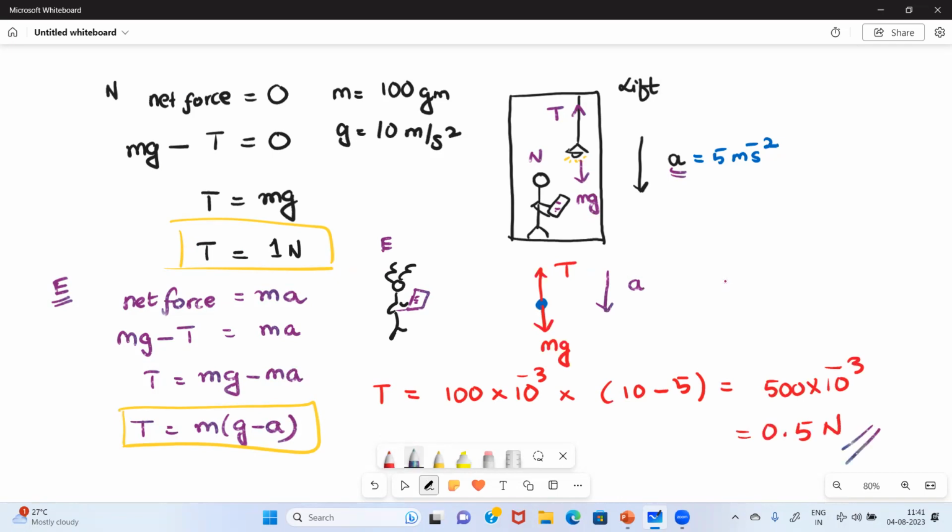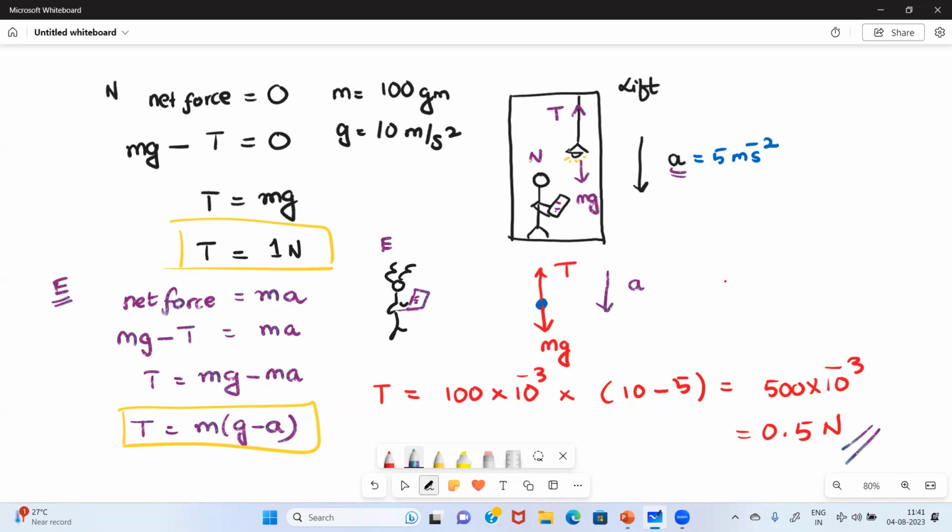So let's see. Net force is mass into acceleration. What is net force? Mg minus T. So T will be equal to Mg minus Ma. If I take M outside, it's M into G minus A. G is 10, A is 5, M is 100 gram. So when I calculate, what do I get tension as? 0.5 Newton.